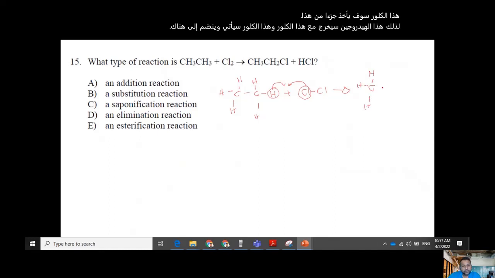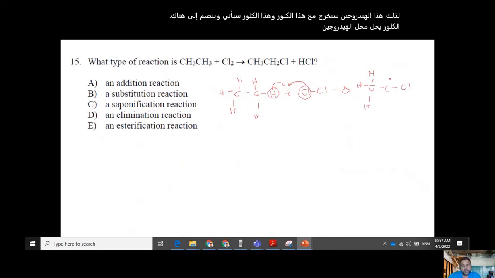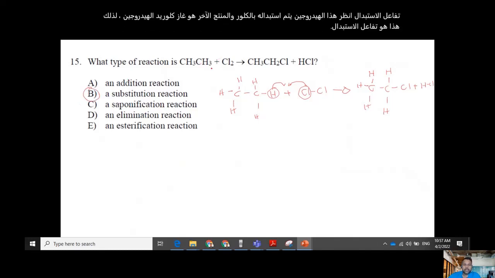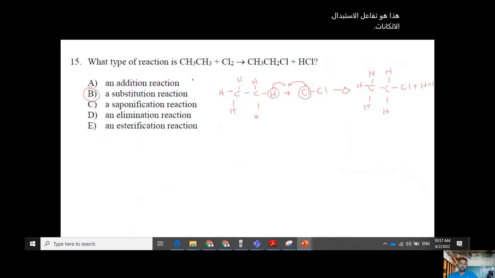We call these kinds of reactions substitution reactions. This hydrogen gets substituted by chlorine and the other product is hydrogen chloride gas. So this is a substitution reaction. Alkanes have single bonds only, so they prefer to go through substitution reactions.